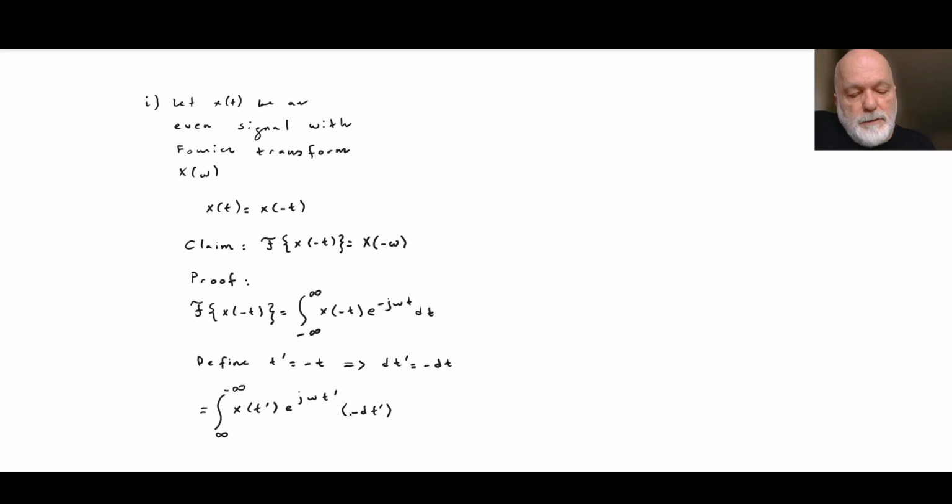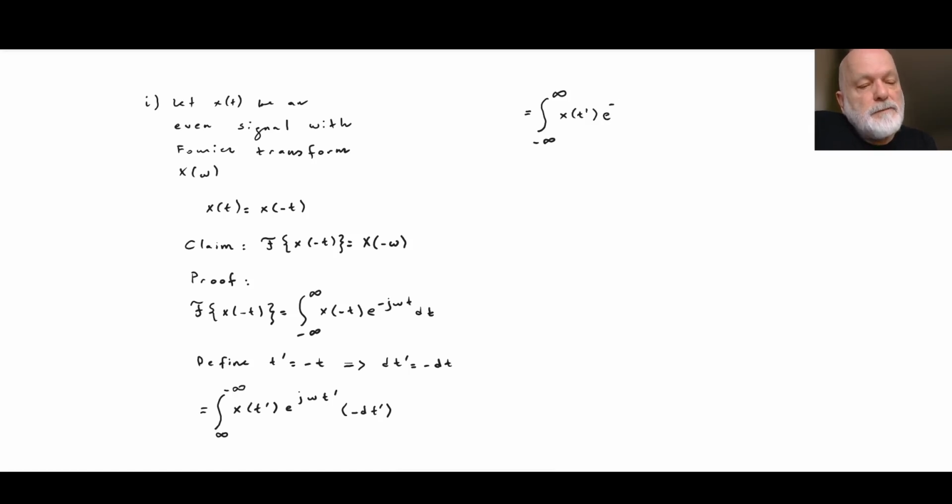Now we can get rid of this minus sign by interchanging the integration limits. So we have from minus infinity to plus infinity x of t prime e to the j omega t prime.